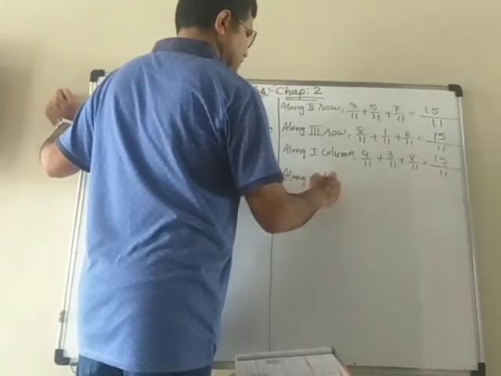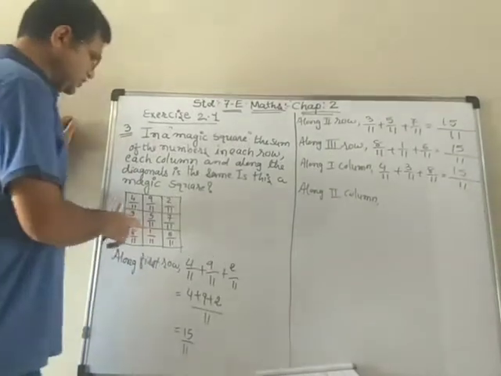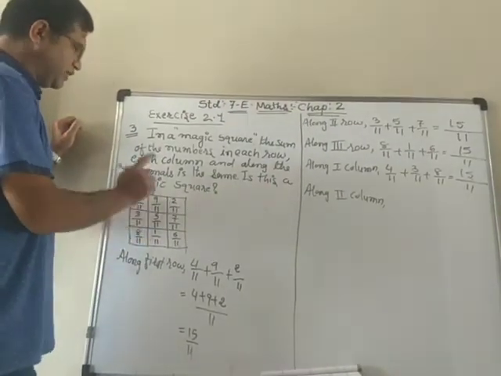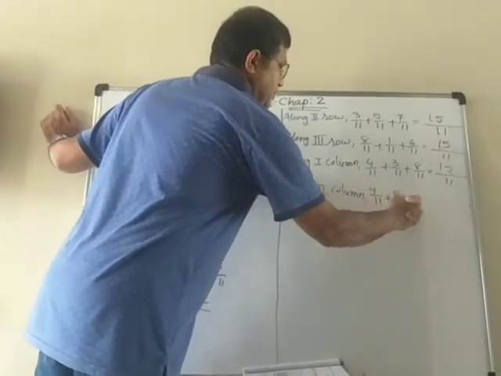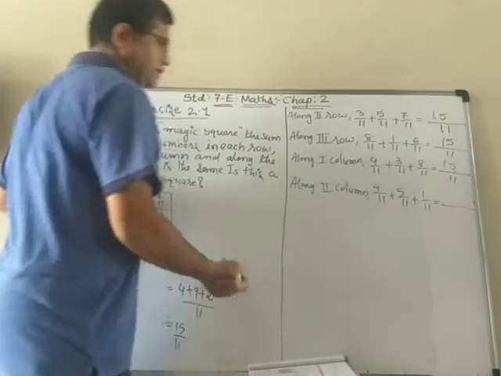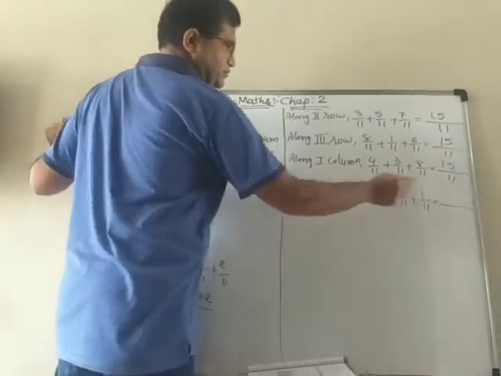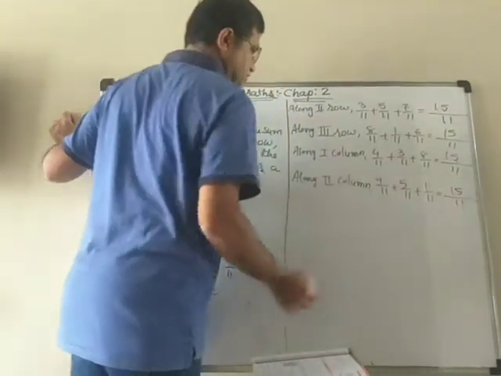Along the second column, you can see 9, 5 and 1 upon 11. 9 plus 1, 10, 10 plus 5 also 15 upon 11.